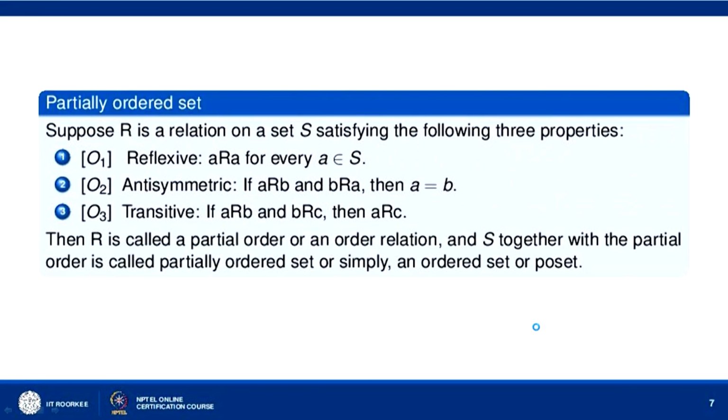Now, let us define partially ordered set. Suppose R is a relation on a set S which satisfies the following 3 properties.